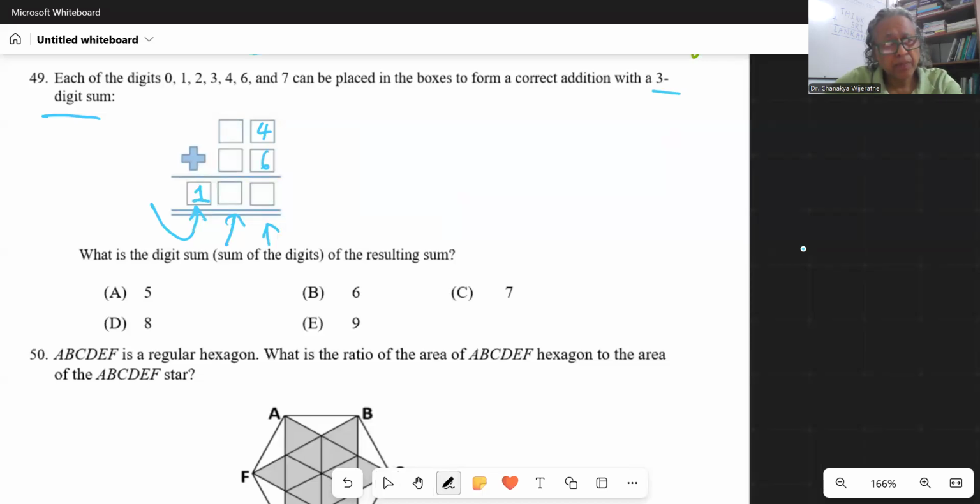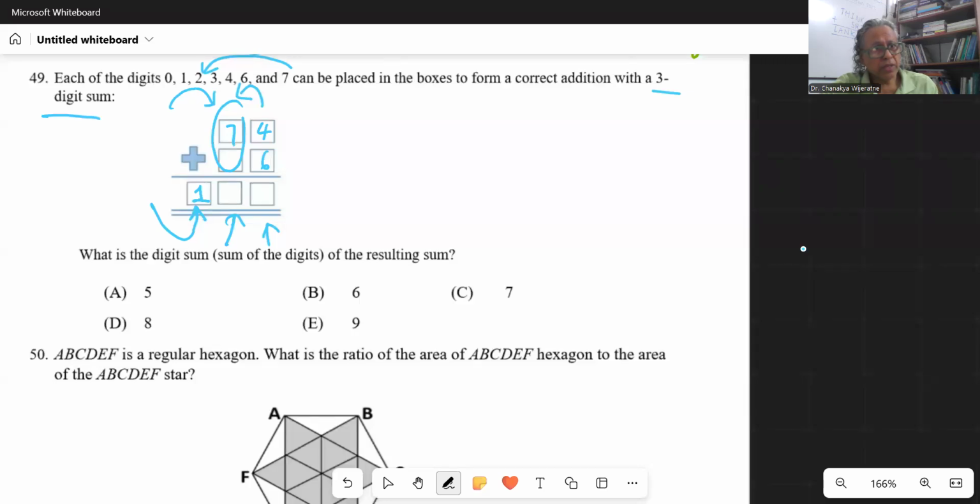And then what about these two boxes, right? If you're going to get a 1 here, so we have a carry of 1, right? So this has to be the sum of these two boxes, 9 or more. So 9 can be 0 and 2.